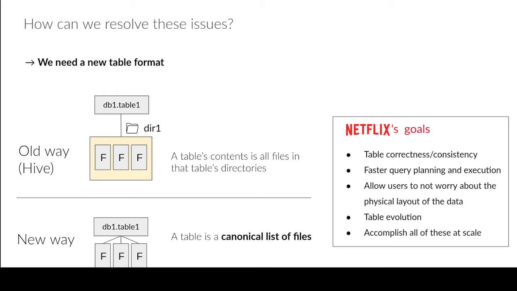Because Iceberg is going to have the list of files in its metadata. And the engine, instead of having to look through each file, is just going to look at these lists of files, these manifests, and say, okay, these are the files I need, and then do the scanning. That's going to allow us to do things faster and better.